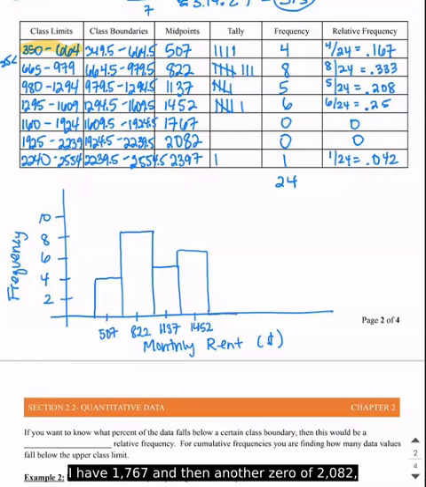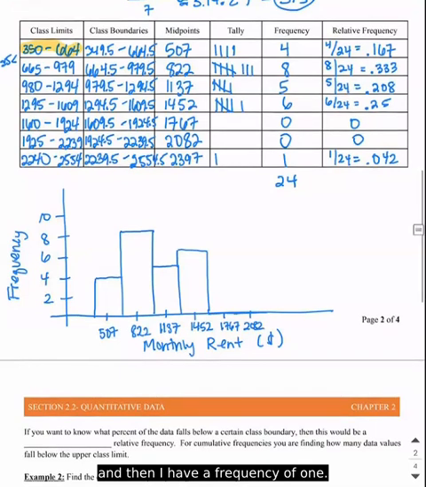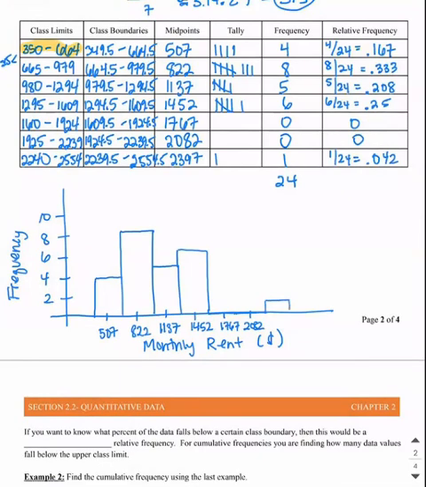So I have 1767 and then another 0 of 2082. And then I have a frequency of 1. So 2397 would be that one labeled there.